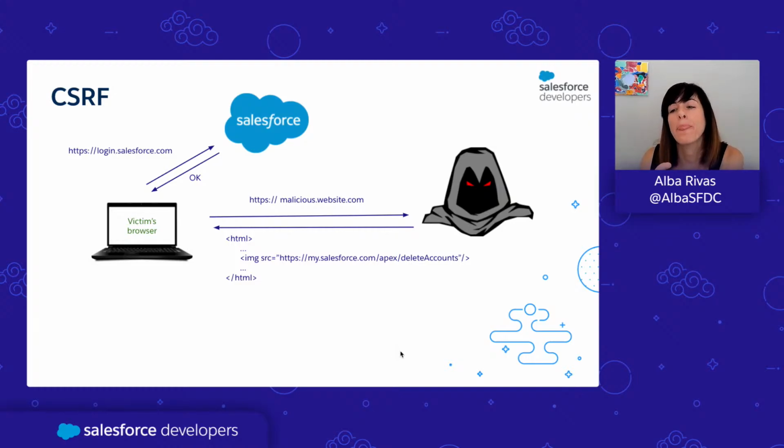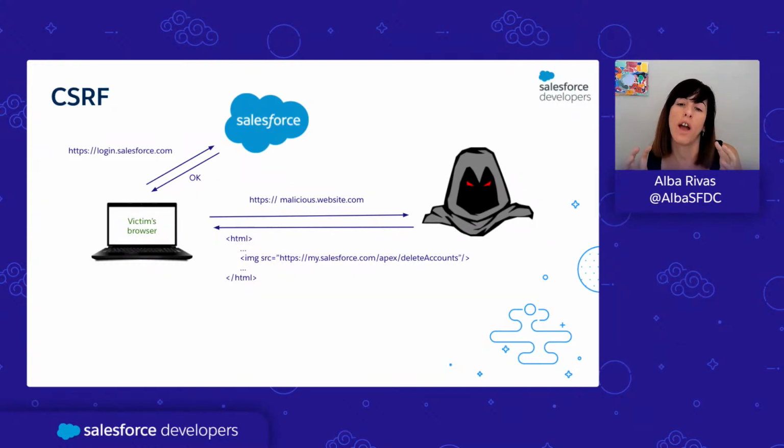But an endpoint that allows me to delete accounts. As the malicious website knows that, what it's going to do is to return an HTTP response that is an HTML document that includes, for instance, an image that points to that action that it wants the customer to perform in Salesforce.